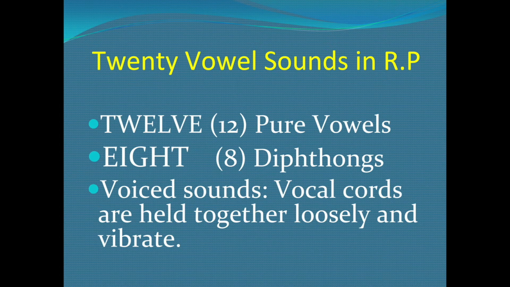So when we see the phonemes or vowel sounds, we have 20 vowels, and out of these 12 are pure vowels and 8 are diphthongs. And all the vowels are voiced sounds. What do we mean by voiced sounds? Vocal cords are held together loosely and you can feel that vibration here.